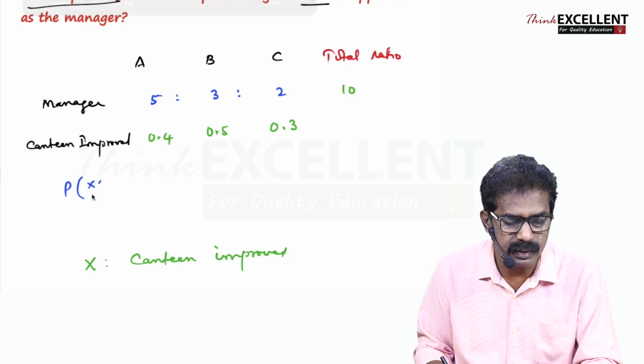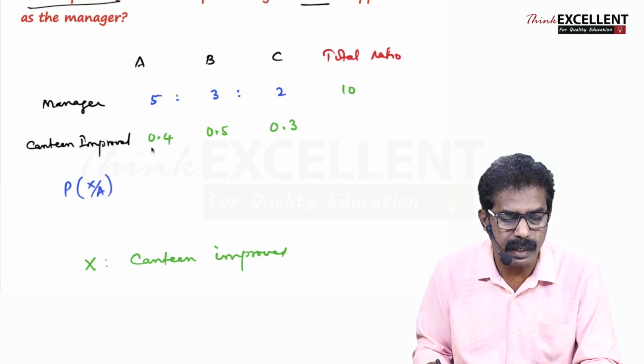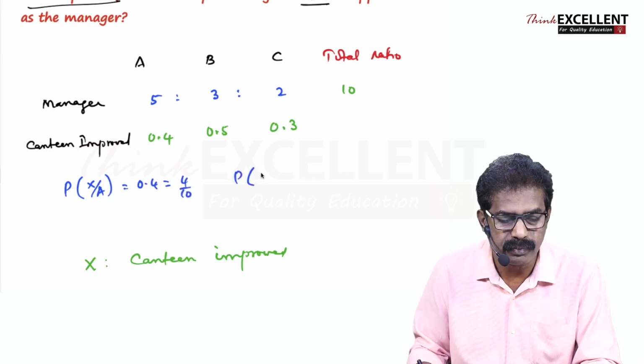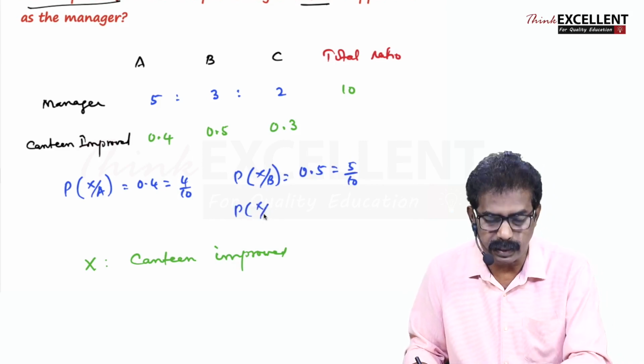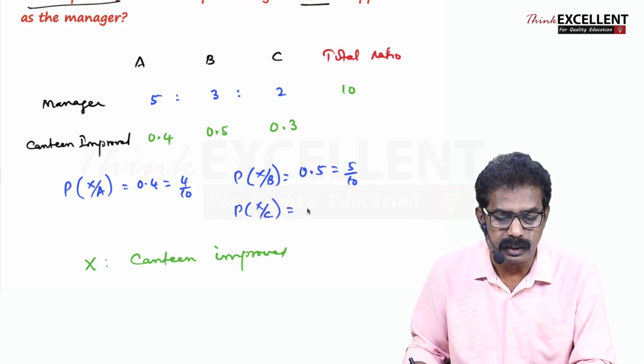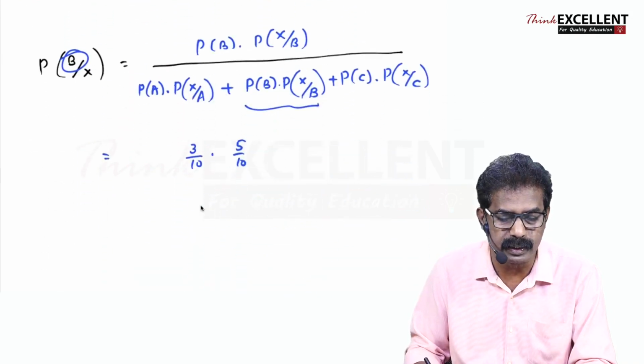P of X given A. A become manager and it's improved. 0.4, you can write 4 by 10. Same way, P of X given B. B become manager and improves the canteen 0.5, so it is 5 by 10. And P of X given C. It is 0.3, you can write 3 by 10. So the calculation will be easy.